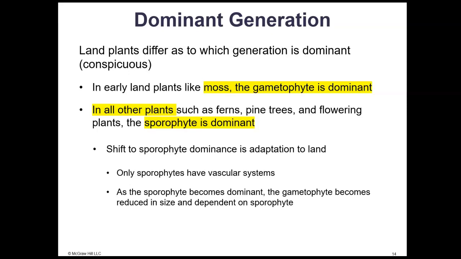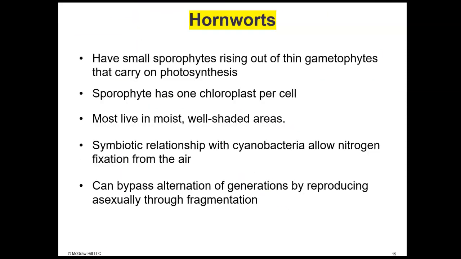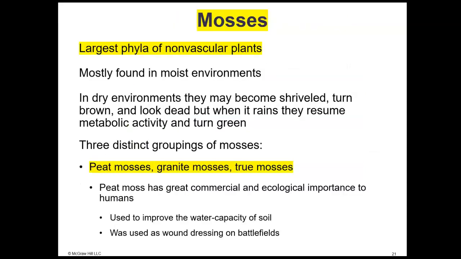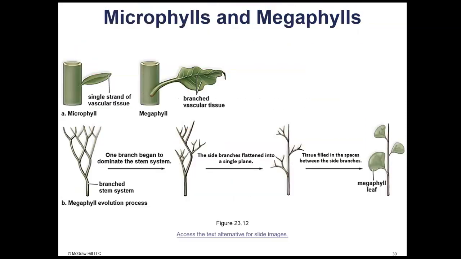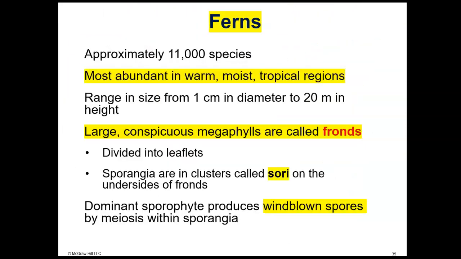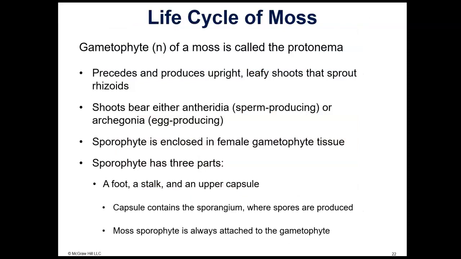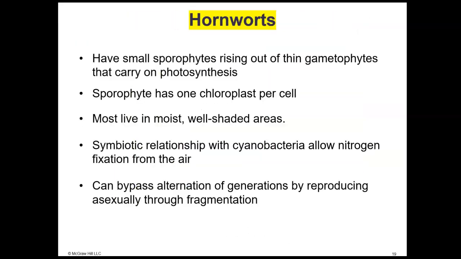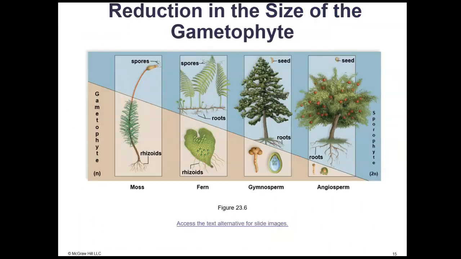For example, when I look at moss, we know what moss looks like, right? It looks green, the plants are very short, almost like a green carpet. That moss plant that you recognize, this part right here, is the gametophyte. And in mosses, the gametophyte is the dominant generation.